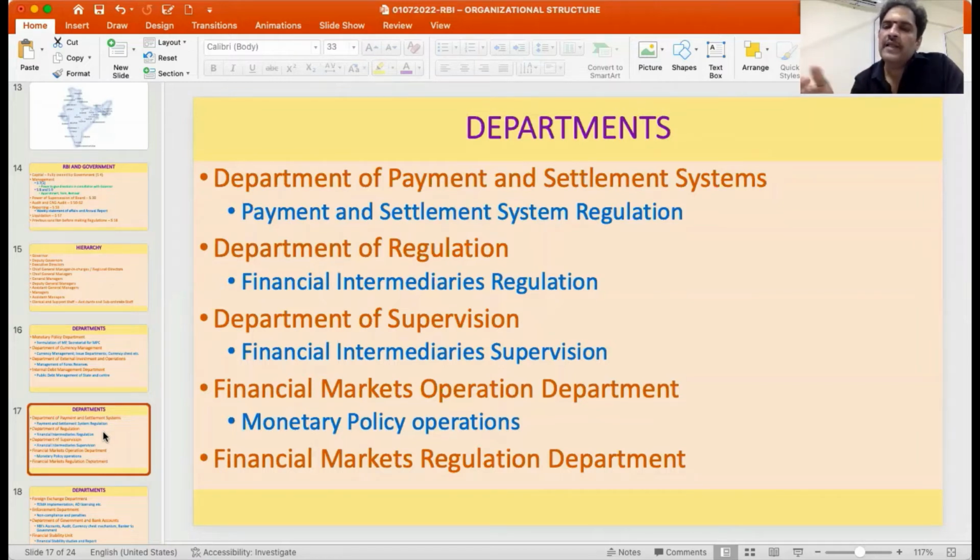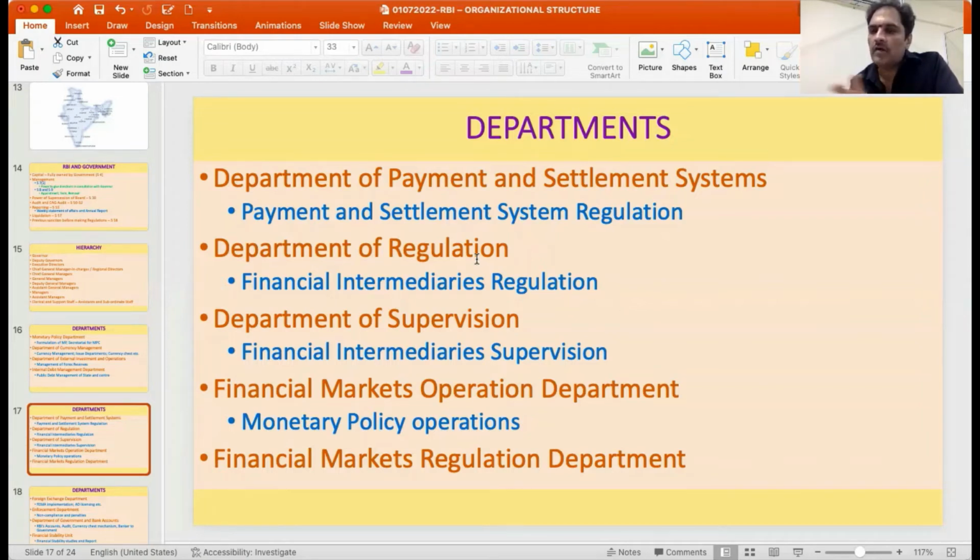For this, there is a board for payment and settlement systems also, and these are regulated under the Payment and Settlement Systems Act 2007.